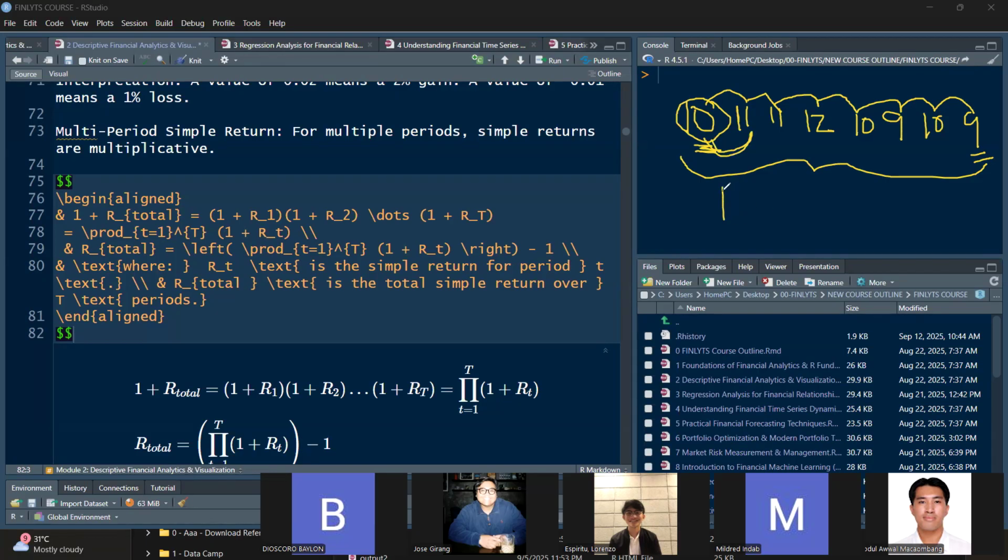So class, the formula is P sub T over P sub T minus 1, right? You can only compute the returns if you have the value today and the value yesterday. So this is one period. You have to have 2 prices. Otherwise, you cannot compute the returns of only one price. So there are 7 periods here, class. Take note of that: there are 8 prices, but 7 periods.